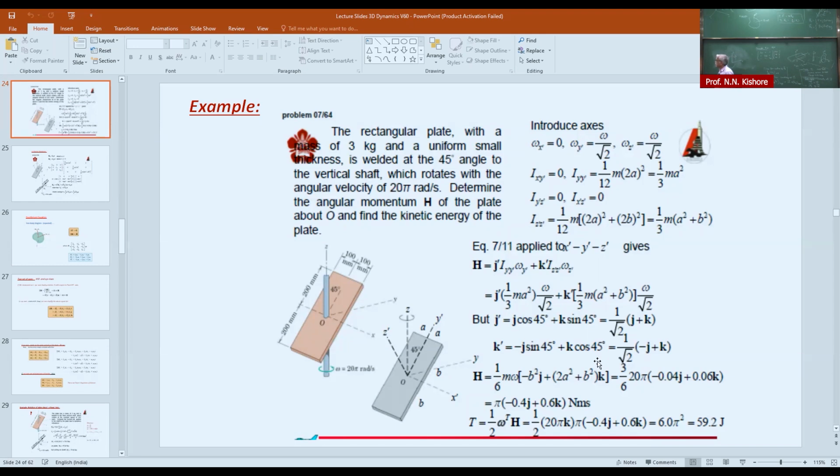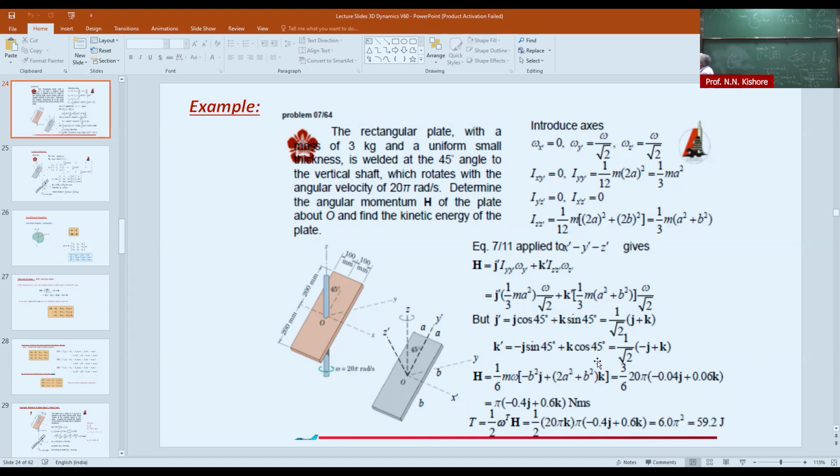Obviously it is at an angle of 45 degrees. So if it is rotating with a certain angular velocity omega about the z axis, then the angular velocity has components about y prime and z prime.